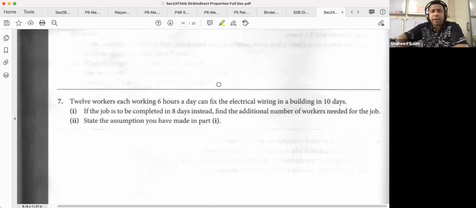Okay, so X would be the number of days. No, X would be the number of workers. Y would be the number of days. Always, if you have time, Y is normally always going to be time.